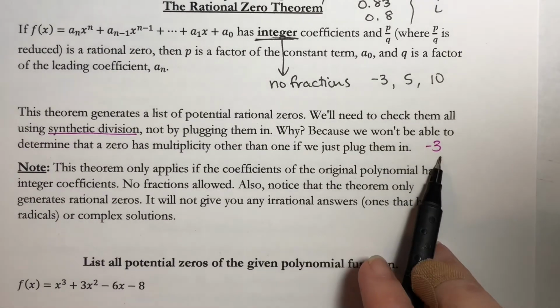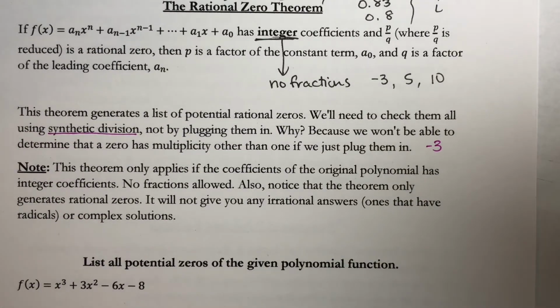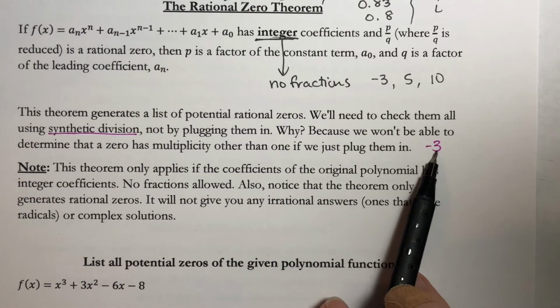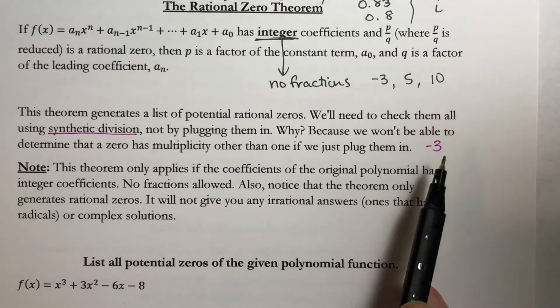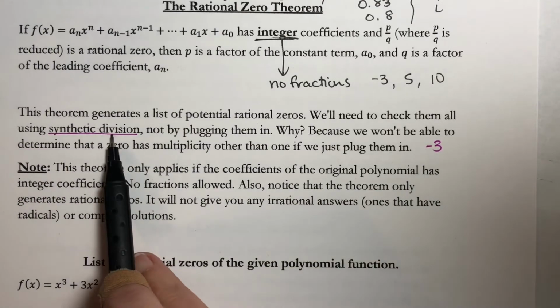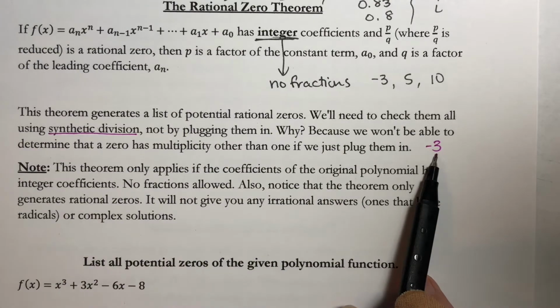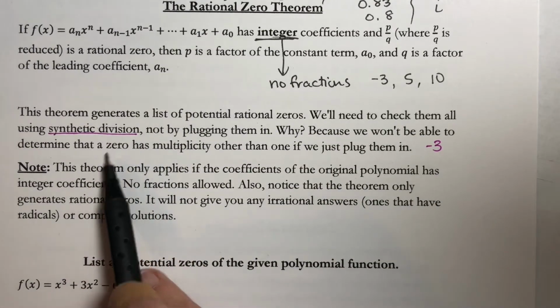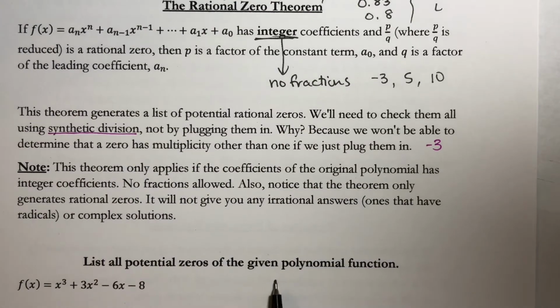I plug in -3 and it works out. What I will not be able to tell is whether I got -3 as an answer just once, or if it had multiplicity 2 or 10. If I'm not using synthetic division, I'm not going to be able to tell that. So we really need to be using synthetic division.